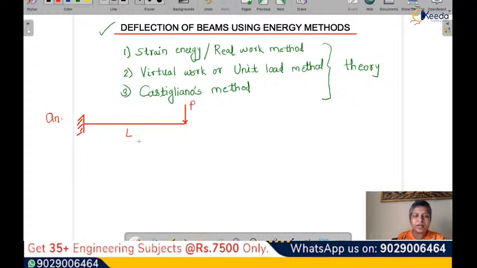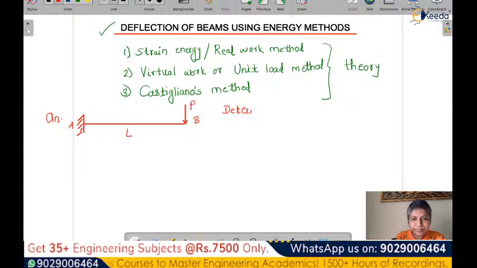We are not writing units currently; units can be anything, Newton or meter, centimeter. Now this is a beam, let's call the beam AB. What we are supposed to do is determine the deflection at the free end.